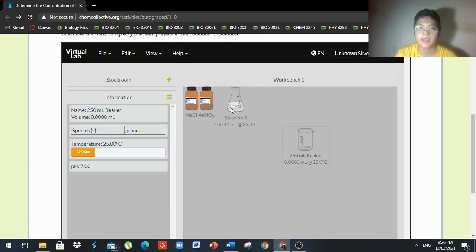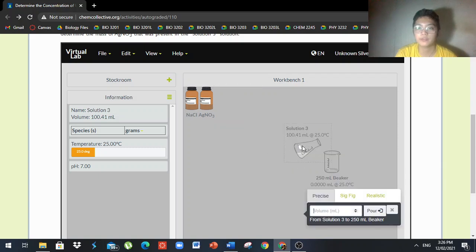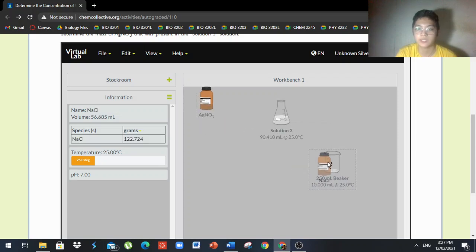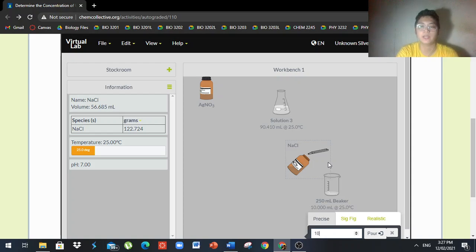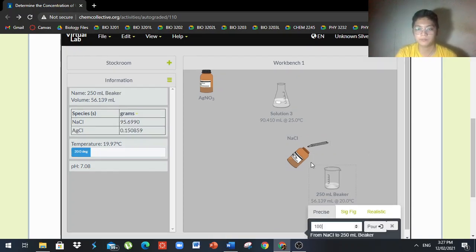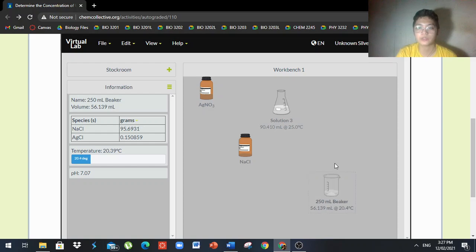Then we're going to pour the solution 3 in the 250 ml beaker, around 10 grams. Then pour it. After that, we're going to need the NaCl as well. Pour it around 100. After pouring it, we're going to shake it like that.